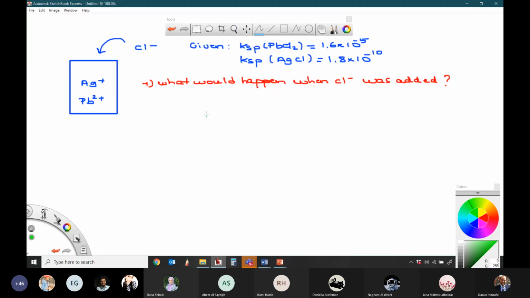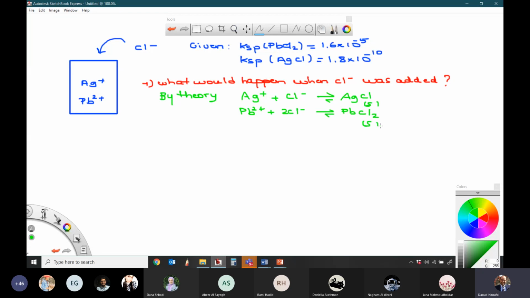By theory, Ag+ will react with Cl- to give AgCl solid, and also Pb2+ with 2Cl- will give PbCl2 solid.